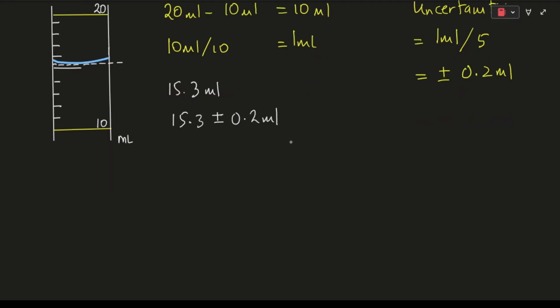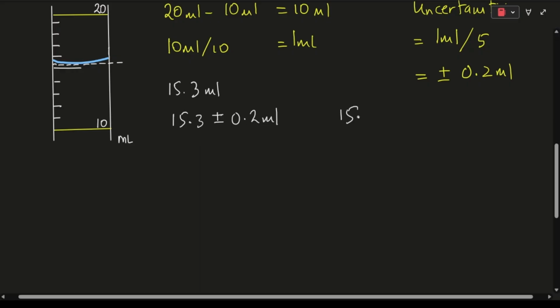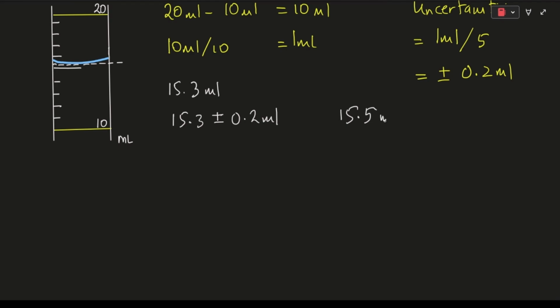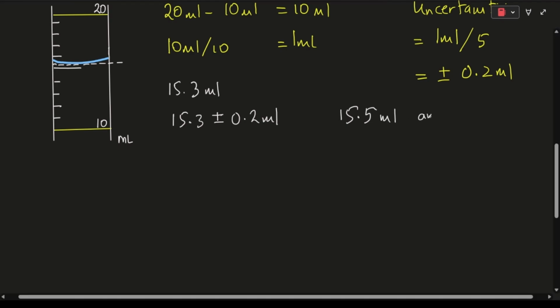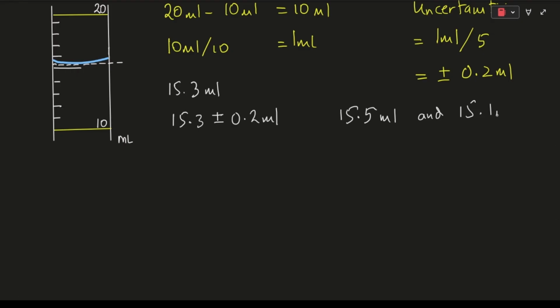Which would then mean that if 2 or more people are to take the recording of this level, any value that falls between 15.5 milliliters and 15.1 milliliters would be acceptable for this range of values of the volume.